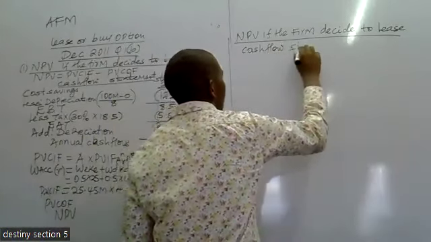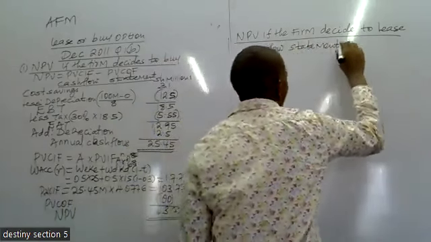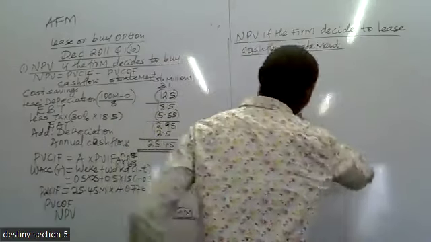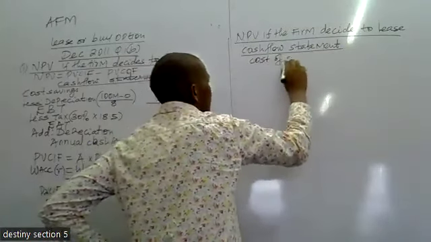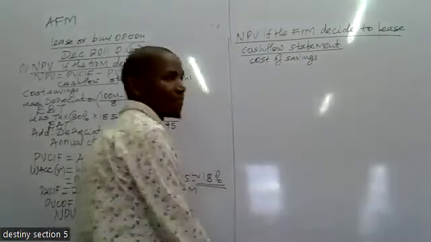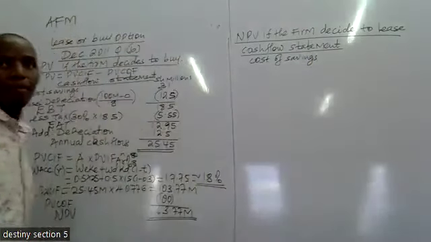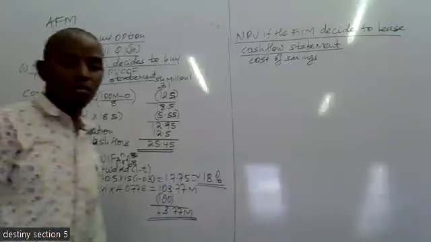Cash flow statement. What we want to know is our annual cash flow. So from the cash flow statement, we begin with the cost savings. Ngapi? Hiyo mwaka. What was the cost savings?